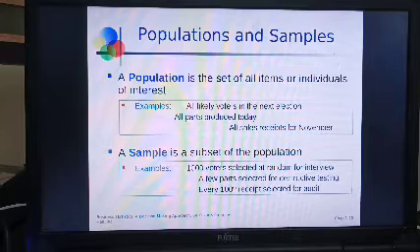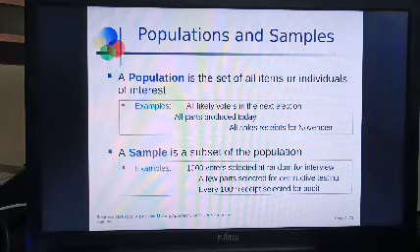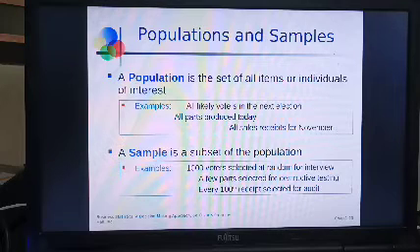The SWS, the Social Weather Stations, usually survey 1,500 voters selected at random to make sense of who are the leading candidates. For example, who are the leading candidates in an election campaign.